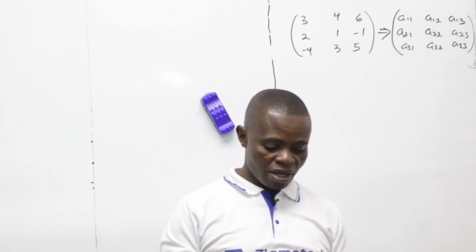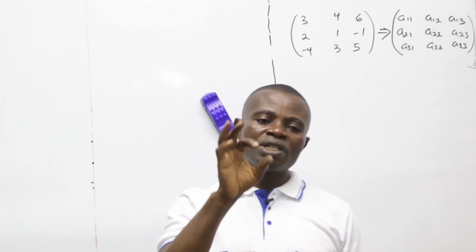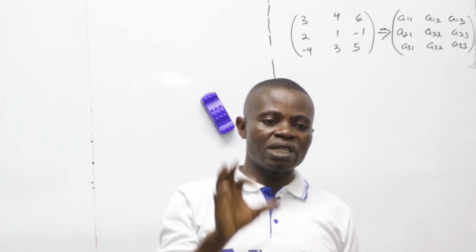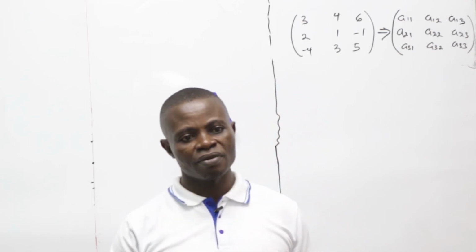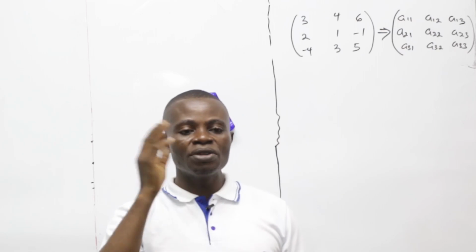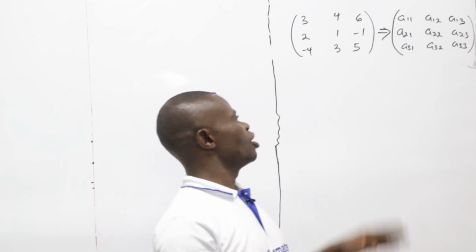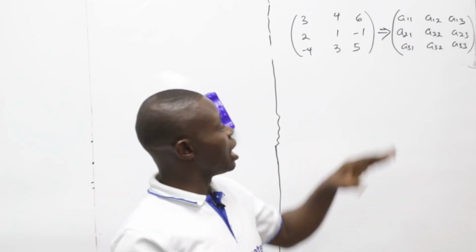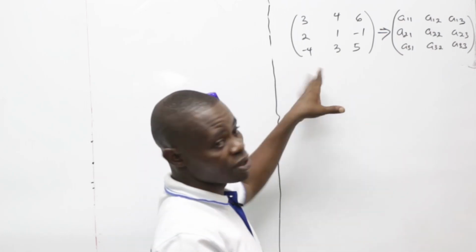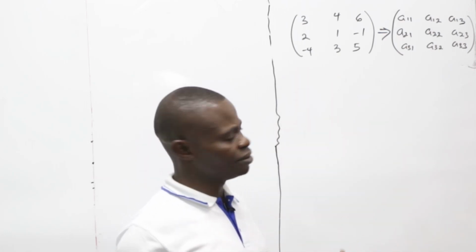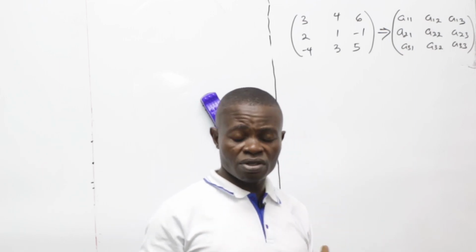Now, the challenge here, you are going to deal with each of them one after the other. That is, A11 is solved separately, then A12, then A21, A22, A23, meaning it will take a lot of time while you solve, but never mind. All you are looking for is a solution.